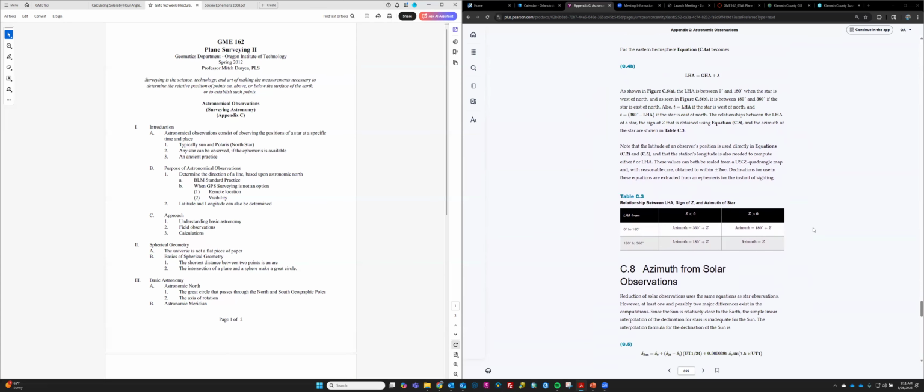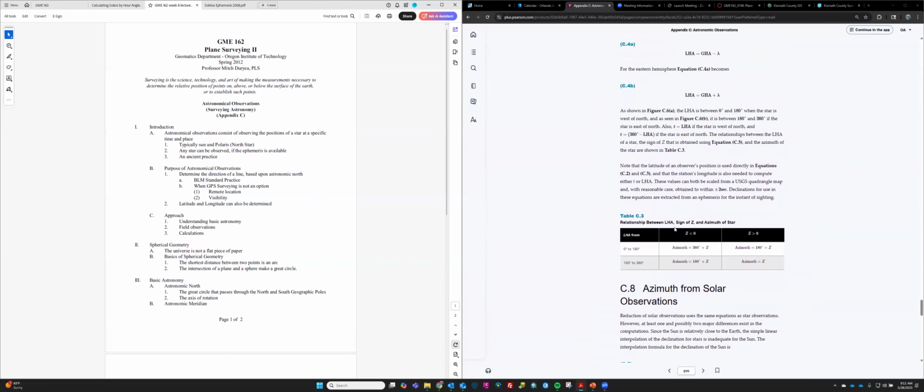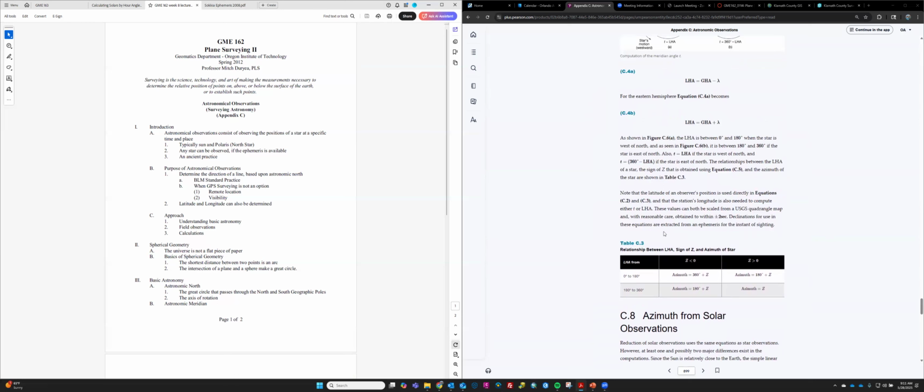Computation of the meridian angle T. Again, local Greenwich, and then there's T from L, G, and then we have our star and motion. So again, another table here, C.4.3. Going down to this table, for the Eastern Hemisphere equation, we have local equals GHA plus angle.